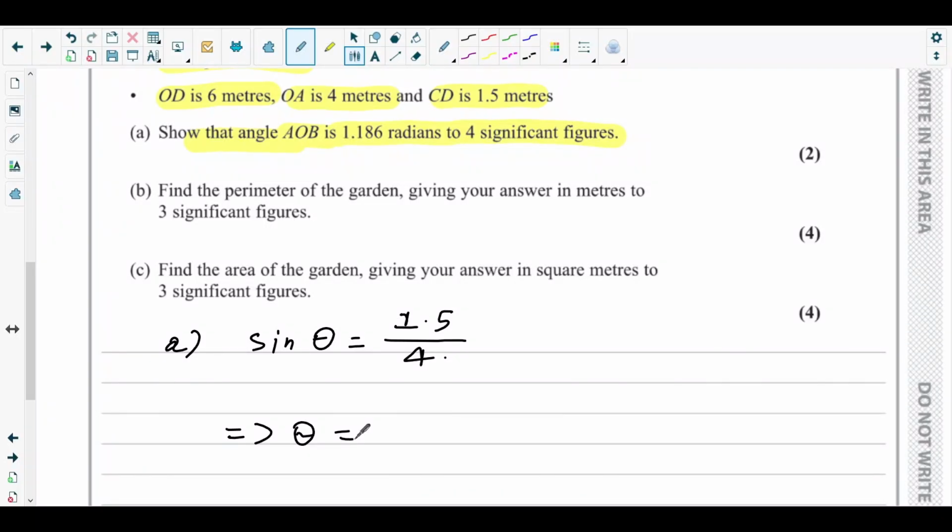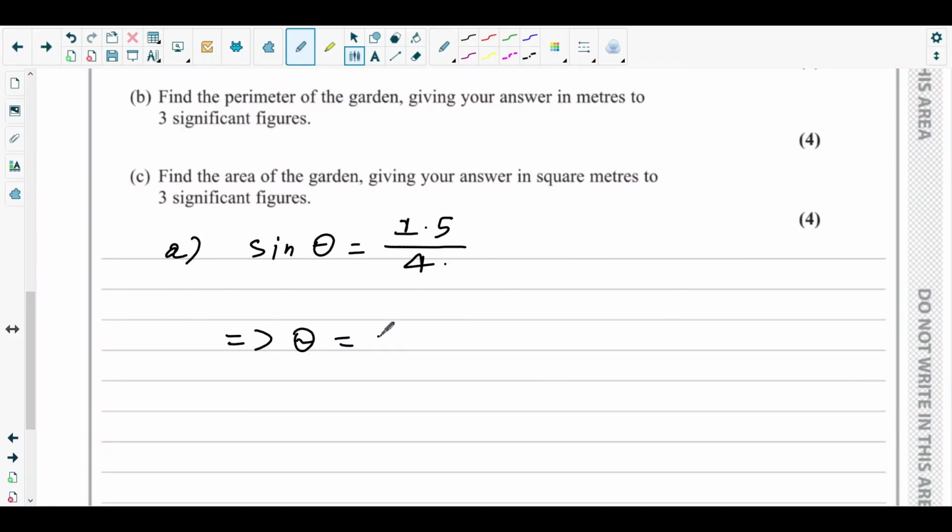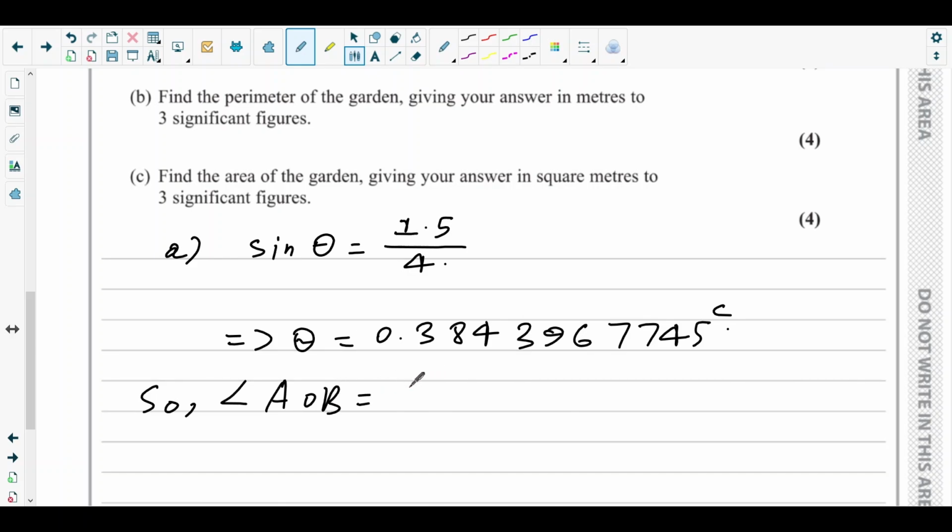They wanted the angle in radians, so keep in mind your calculator should be in radian mode. That would give you 0.384 radians.